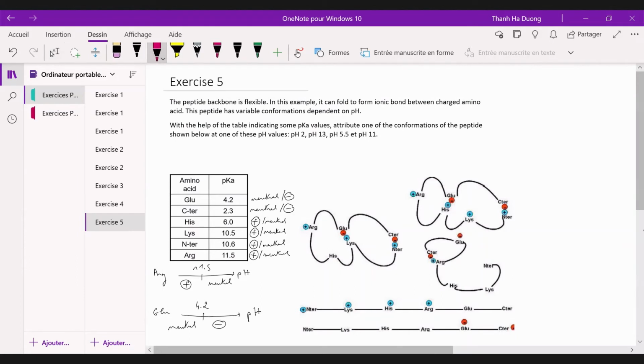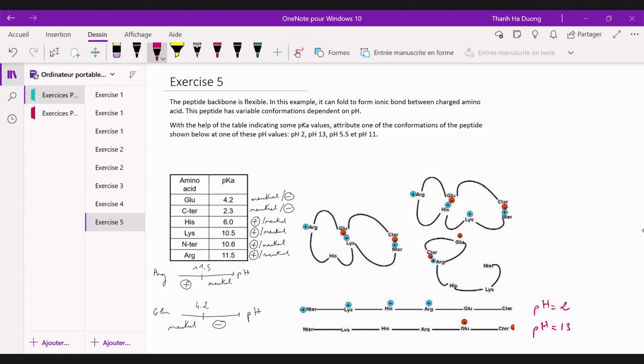So for the correction, here you have a high pH, for example 13. You have negatively charged glutamate and C side, and neutral for the others. When you have a low pH, at pH 2 for example, histidine, lysine, the N side, and arginine are positively charged, and glutamate and the C side are neutral.